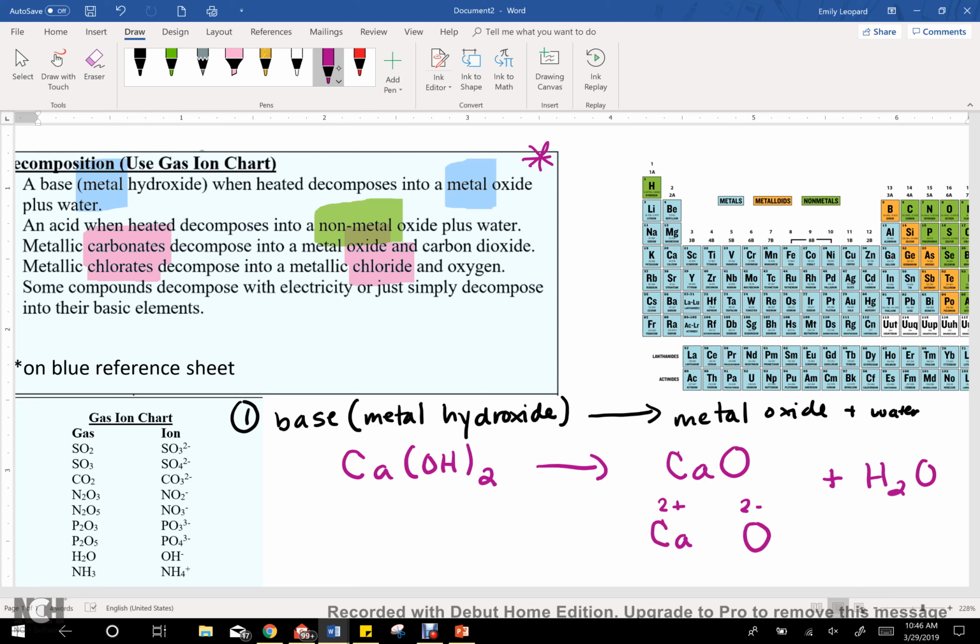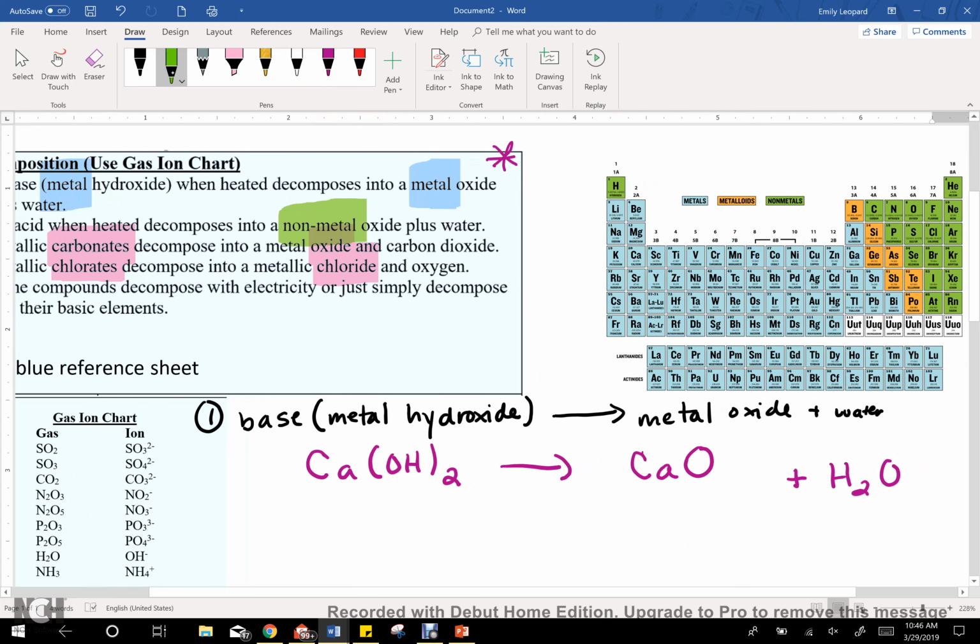So overall, my reaction is calcium hydroxide yields calcium oxide plus water. And then, like always, you want to go back and make sure that your reaction is balanced. I've got 1 calcium on either side, 2 oxygens on each side, and 2 hydrogens, so it looks like I'm good to go on my balancing.